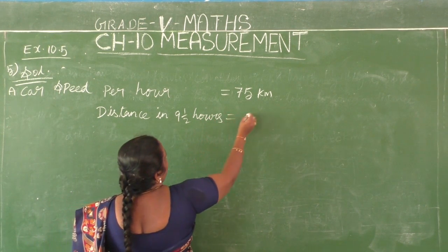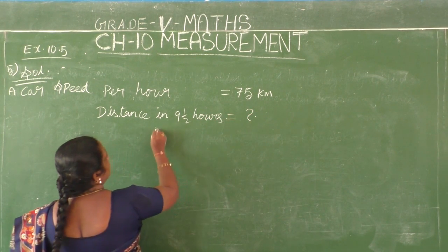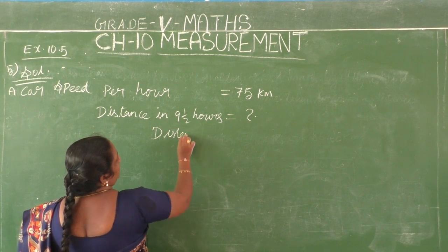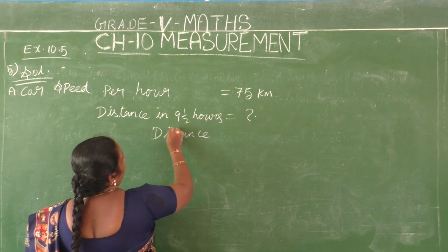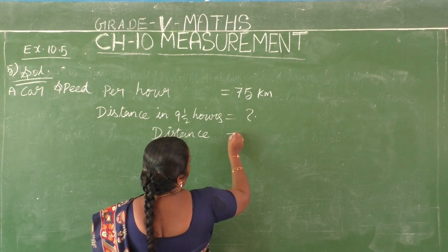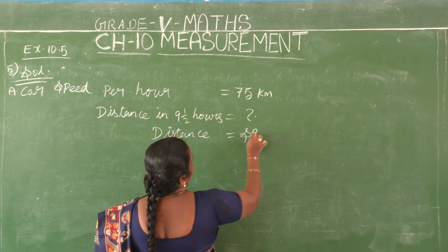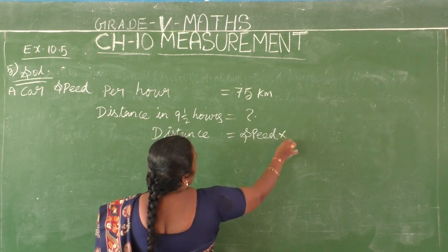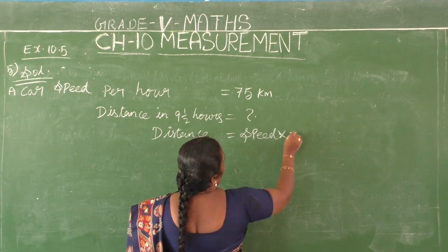We don't know the distance, so we have to use the distance formula. What is the distance formula? We have to multiply the speed into time, isn't it? Speed into time.